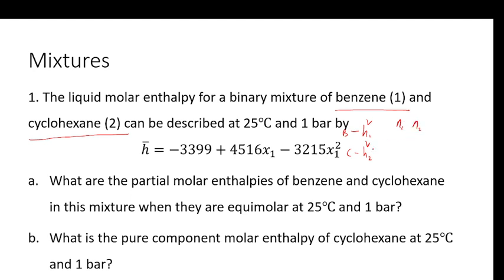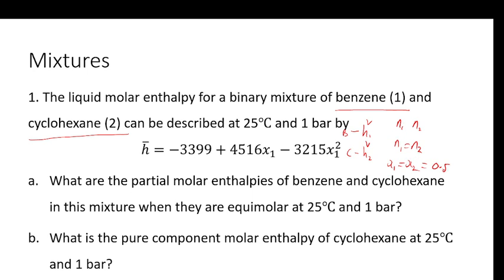If it's an equimolar mixture, then N1 is equal to N2, and this also indicates that X1 is equal to X2, which is 0.5, because the mole fractions would be the same and the number of moles would be the same.